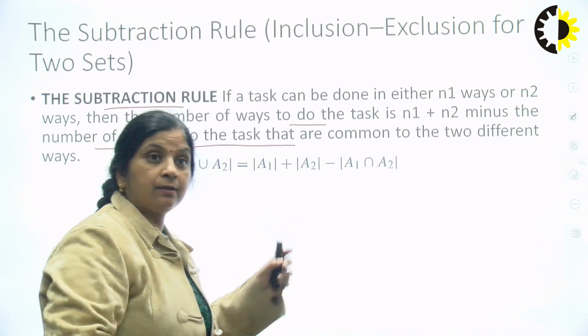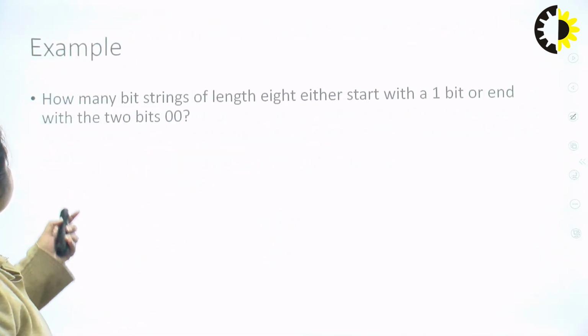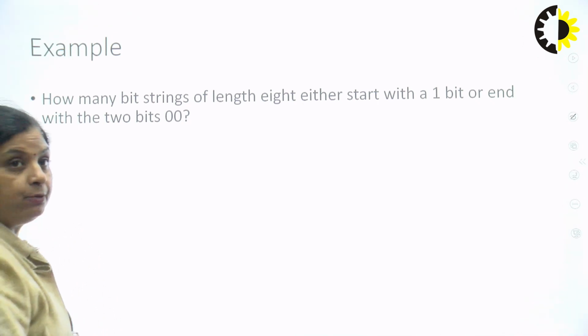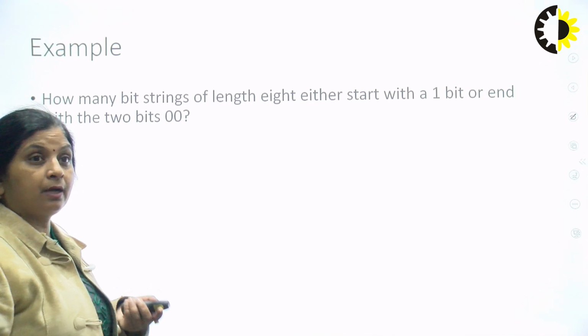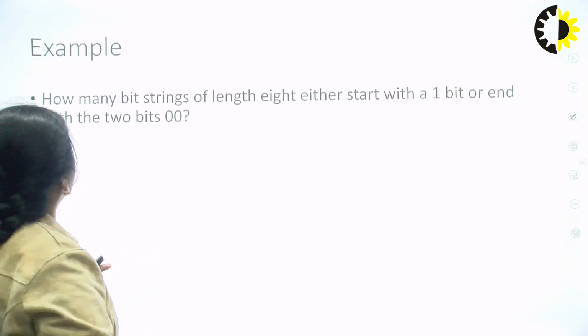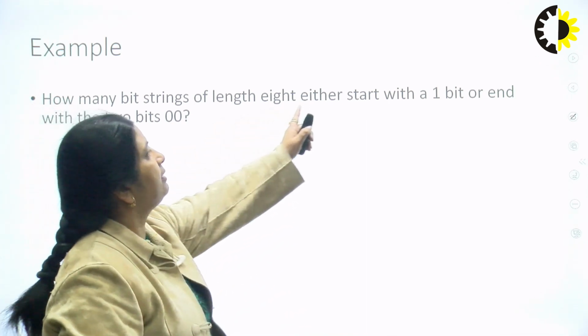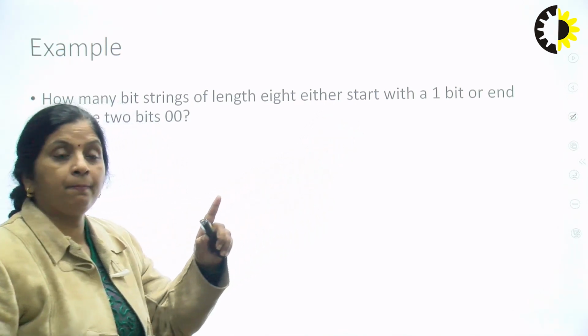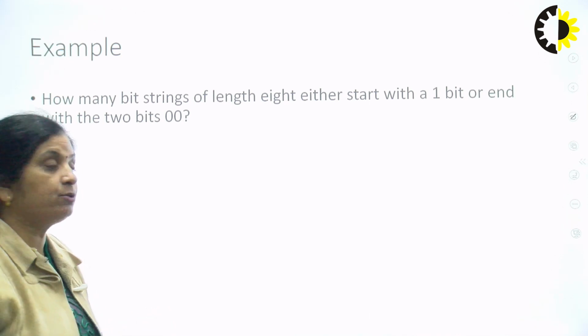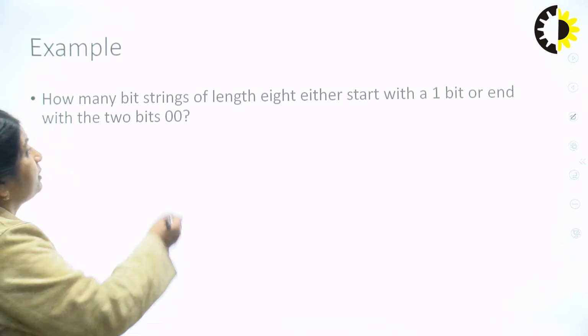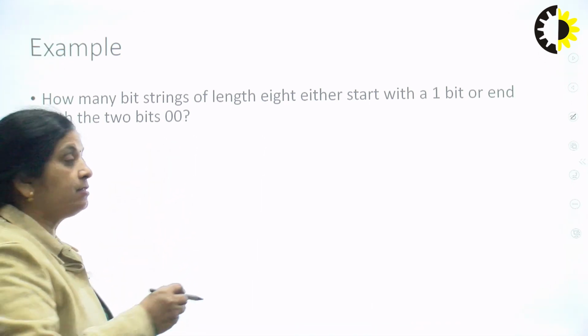Let us understand this with an example. I have to find the counting of bit strings of length 8 that either start with the bit 1 or end with 2 zero bits. So the length is 8, and it starts with bit 1.